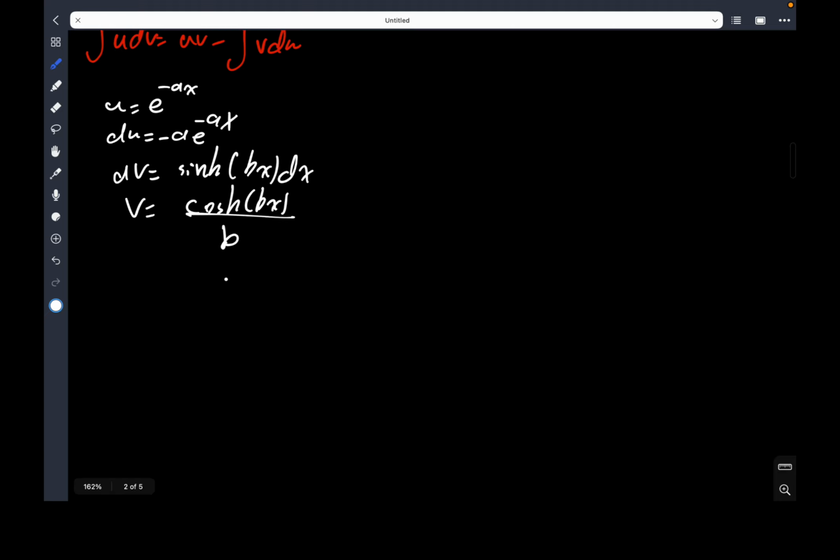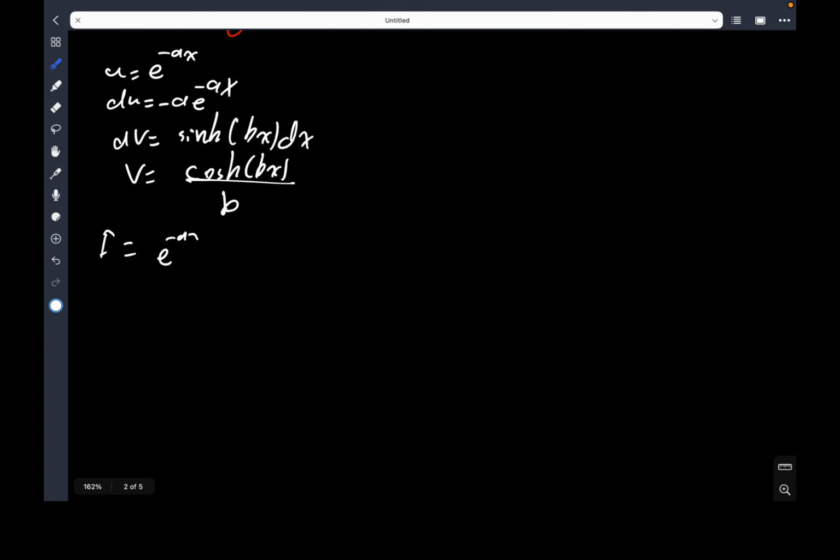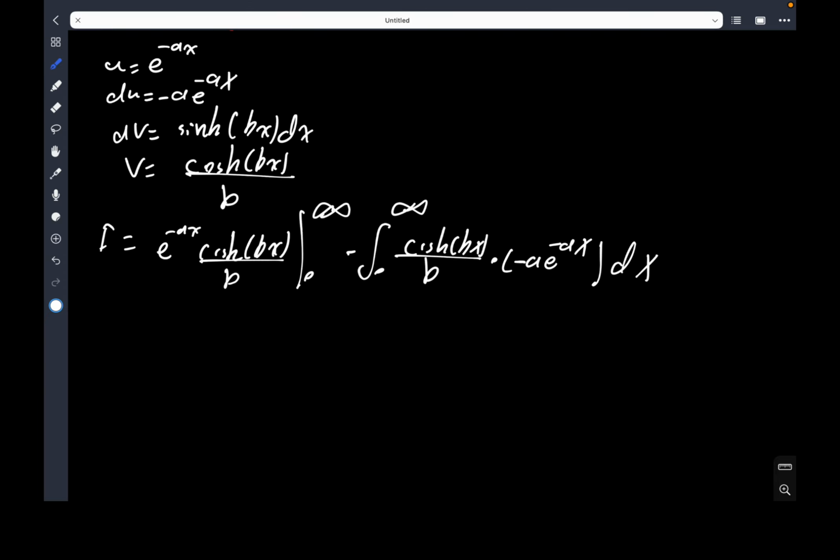Now I can do the integration by parts, which is going to be e to the negative ax cosh of bx over b, the integral from 0 to infinity, minus the integral from 0 to infinity of v du, which is cosh bx over b times negative a e to the negative ax dx.